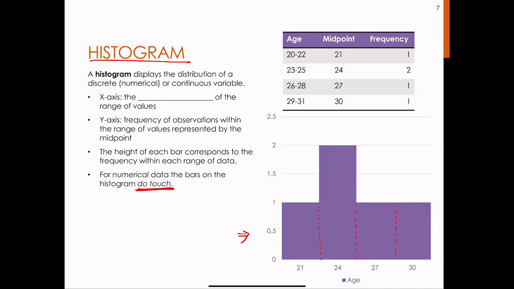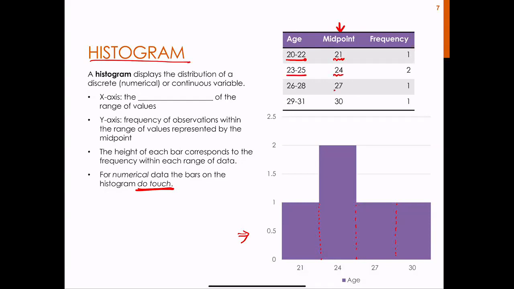And on the x-axis, we have age, but instead of each individual age, we have the midpoint of the different groups. So the midpoint of 20 to 22 is 21, right? And the midpoint of 23 to 25 is 24.